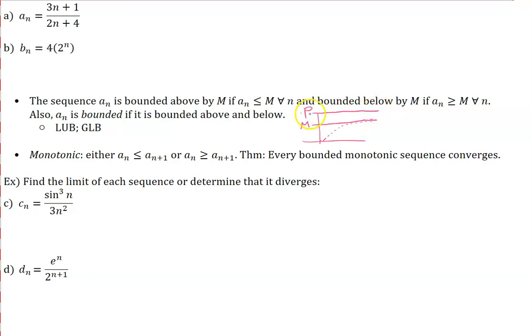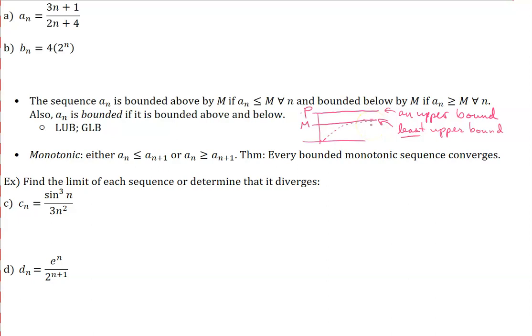However, it's not the least upper bound, because there are values below that would also work as upper bounds. So this is an upper bound, but m in this case, because it appears that we approach a horizontal asymptote of m, m is the least upper bound, because it's the lowest that we can get without being below at least one of the points on our curve, okay?